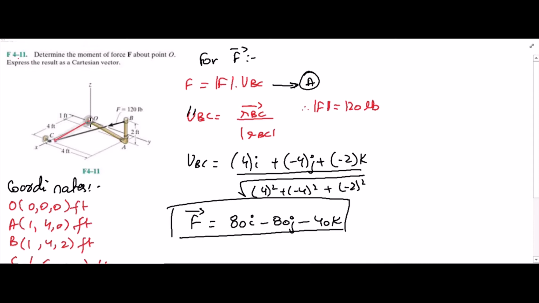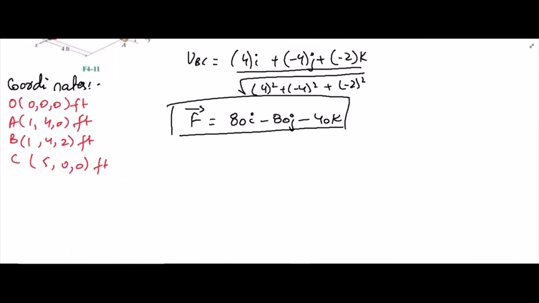You can either draw the moment arm like this, or like this. The answer would be the same. We can call them R_OB and R_OC, the moment arms.